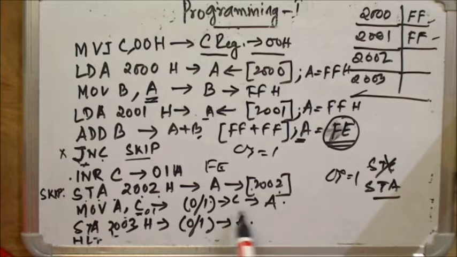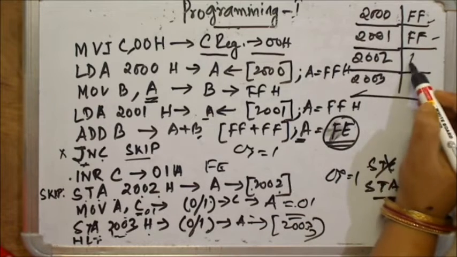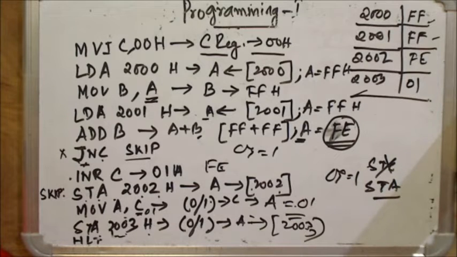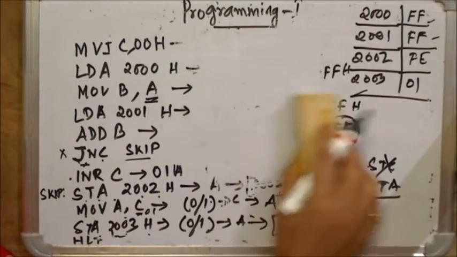So it will go to A, so A will contain 01, that is the carry status. Again STA 2003, so whatever data is in A will go to 2003. So 2002 will store FE and 2003 will store 01. Okay, understood? So let's take another example so that it becomes more and more clear.